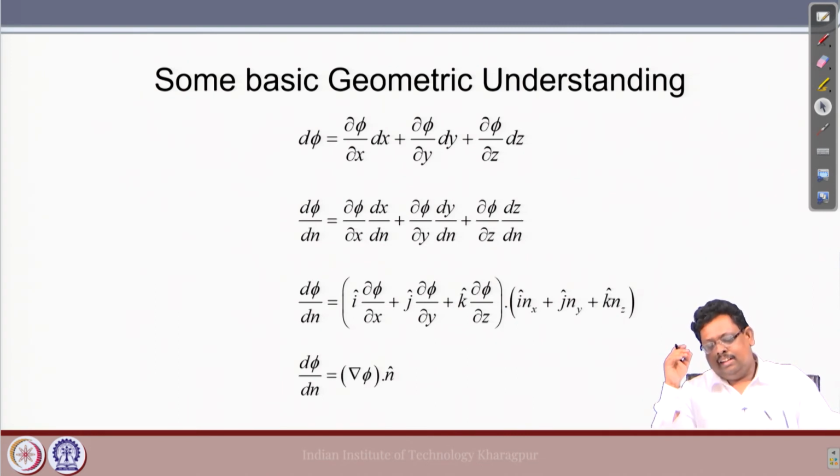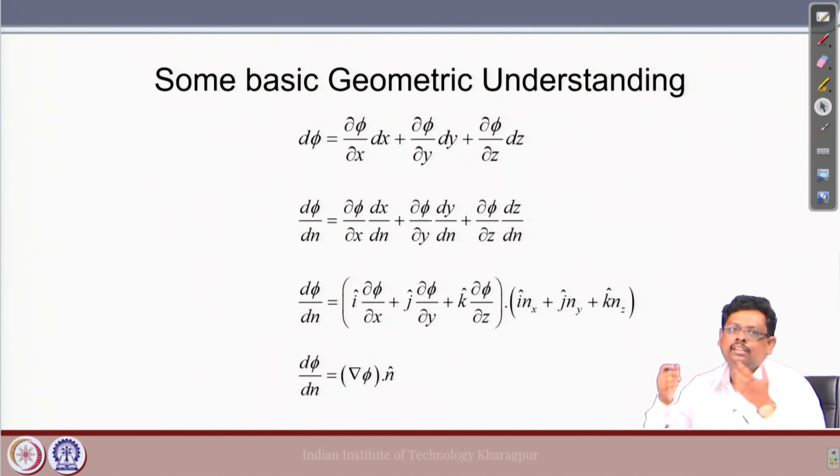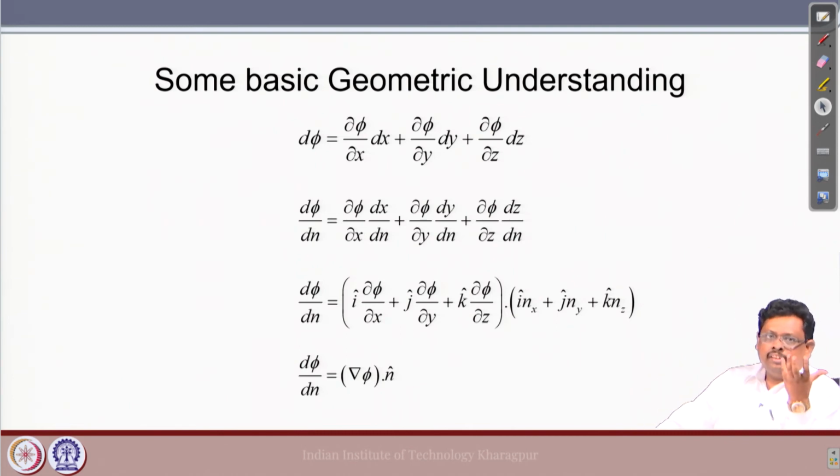So, basically del phi del n is nothing but grad phi dot n. This also follows from the vector understanding: a dot b means the component of a along b, right. In a similar way, grad phi dot n is basically the component of the velocity in the normal direction, right.